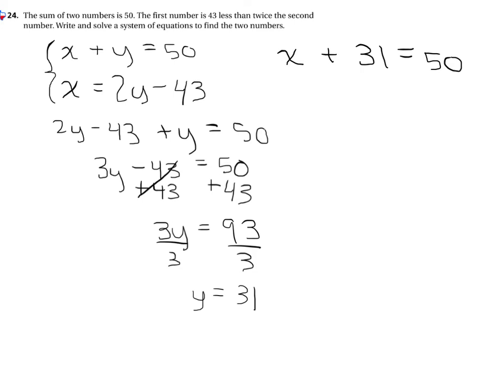Then subtract 31 to get x by itself, which gives you 19. So you know that x equals 19 and y equals 31. So that gives you your two numbers. And that solves the system of linear equations.